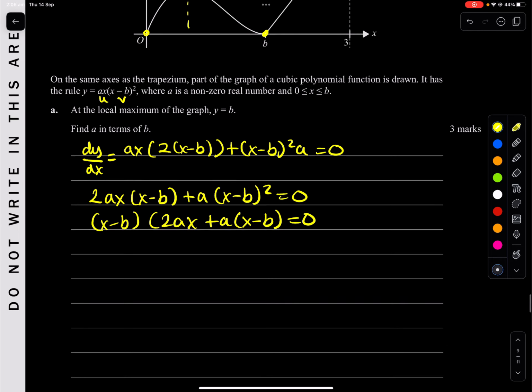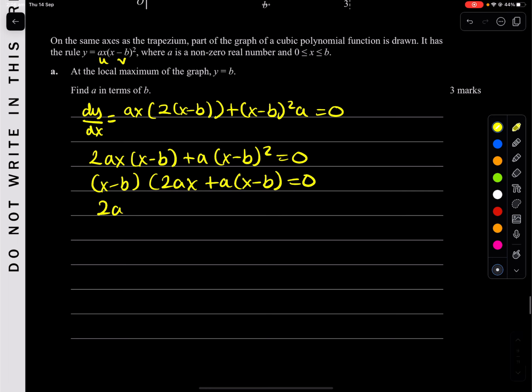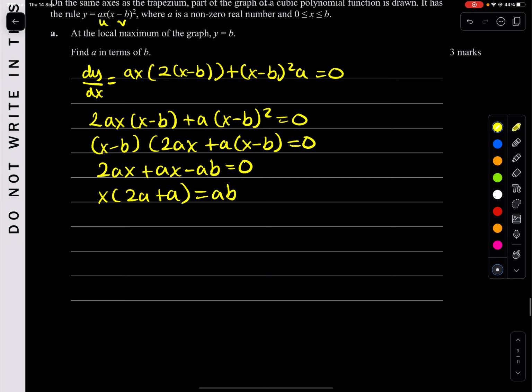And we know x equals b is the actual minimum value, so we don't need to worry about that. So we want 2ax plus ax minus ab equals 0. So x times 2a plus a equals ab. x times 3a equals ab. So x is equal to b on 3.